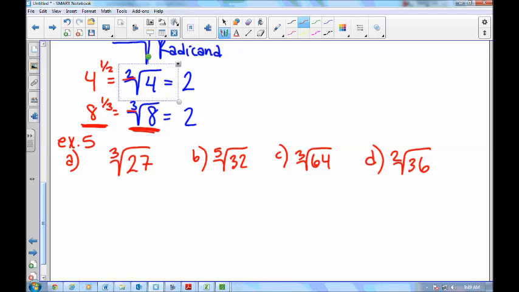Careful on the last one. So what number times itself 6 times 27? These are generally small numbers, so your multiply can get really big really fast.